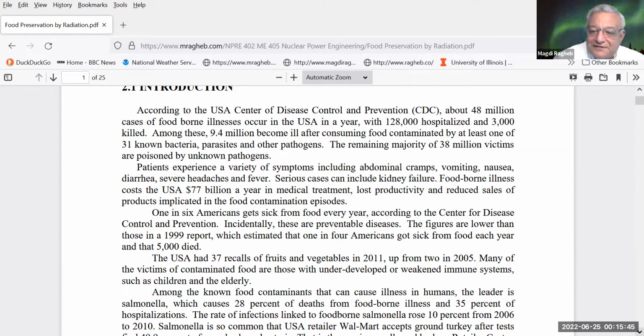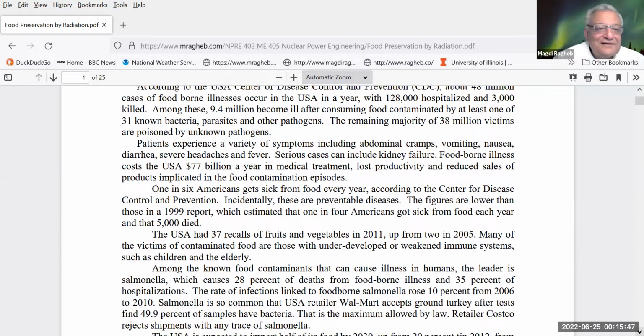So imagine that we are maybe 30 people here. 5 of us will get some kind of food disease every year. The figures are lower than those in a 1999 report that suggested that Americans got sick from food each year, and not 33,000, but that 5,000 died in general.